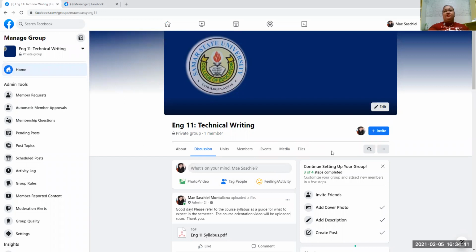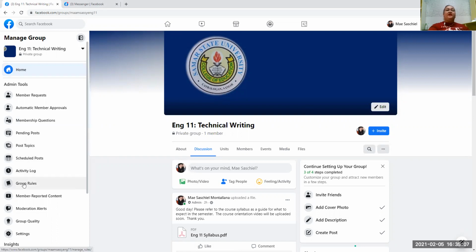If last semester some students were not members and only requested to become members towards the latter part of the semester, for this semester, since I said earlier I would like to incorporate some aspects of online, offline exercises and activities, then it's a must for you to be a member of this group.